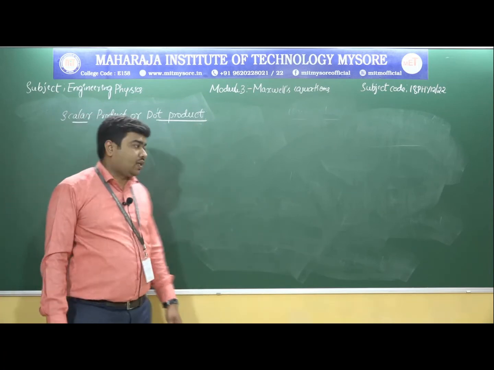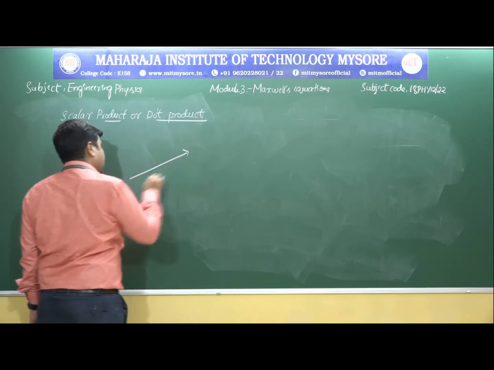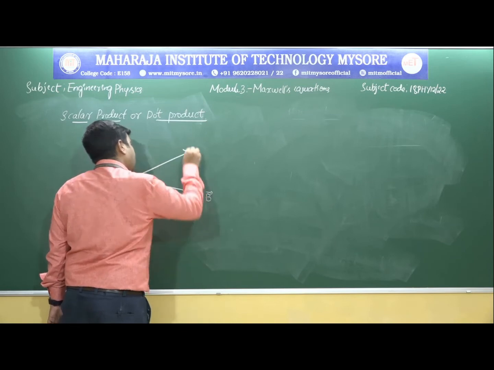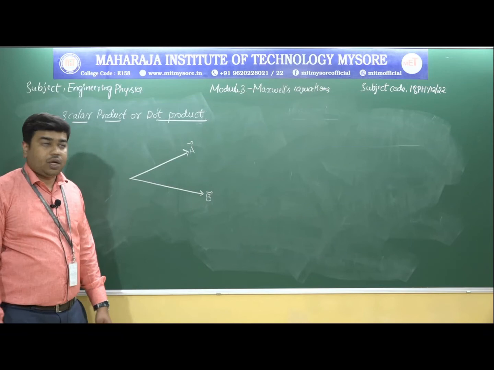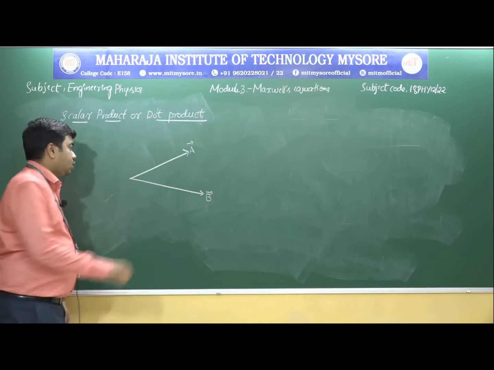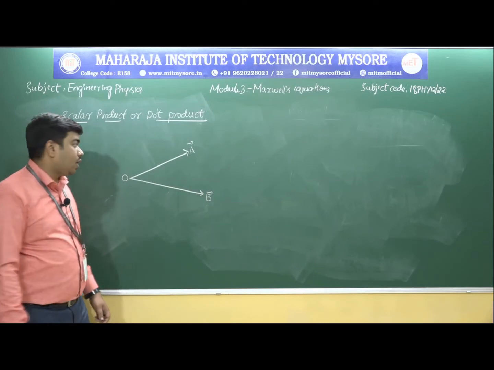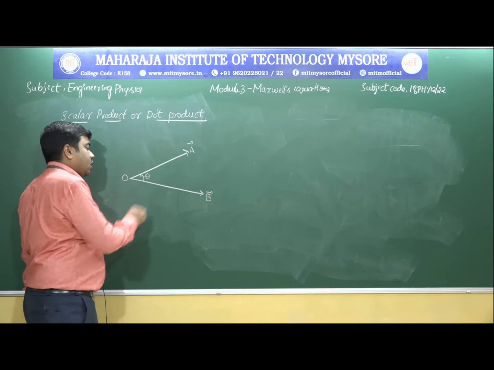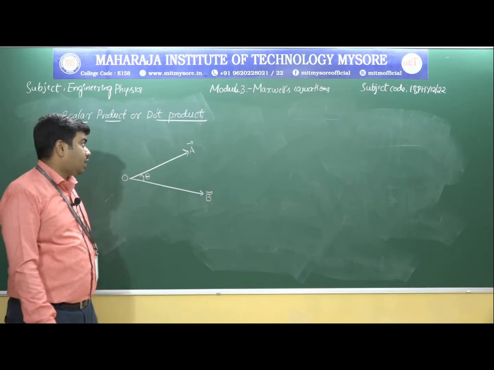So let us consider two vectors, vector A and vector B, starting from the origin O, and let there be an angle between those two vectors. We will call the angle between those two vectors angle theta.